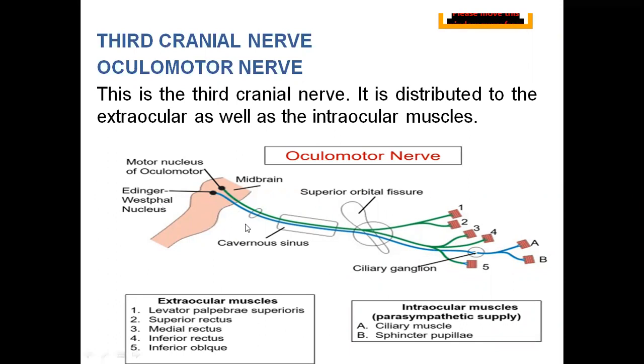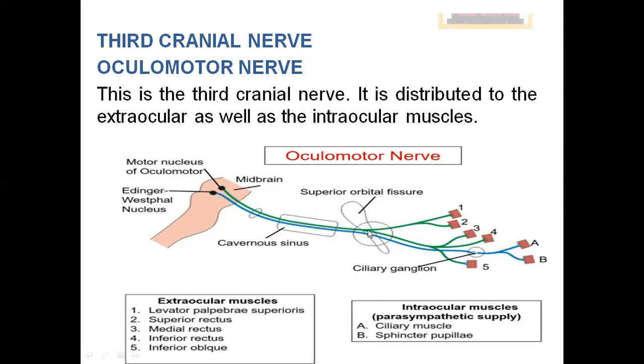It passes through the superior orbital fissure. Before that, it is seen in relation to the cavernous sinus, as we saw in the cavernous sinus lecture. After passing through the lateral wall of the cavernous sinus, it enters the orbit via the superior orbital fissure.